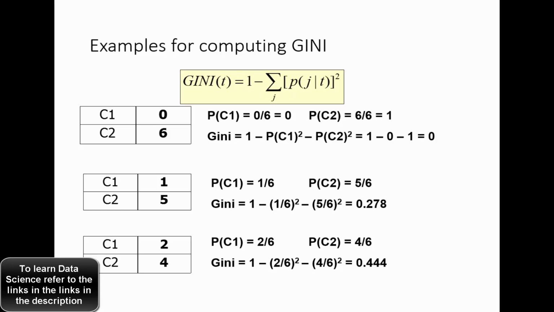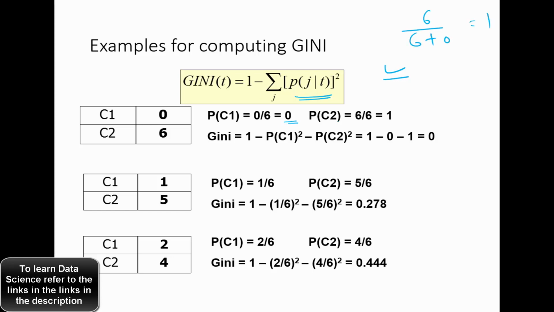For an example of computing Gini, we have the formula, so you can use it. Here is the 0 and 6 case. Calculate the probability of C1, because there are different probabilities for different classes at a particular node. This is node 1. So 0 divided by 6 is just 0, and the probability of C2 is 6 by 6, because the total is 6. That's 1.